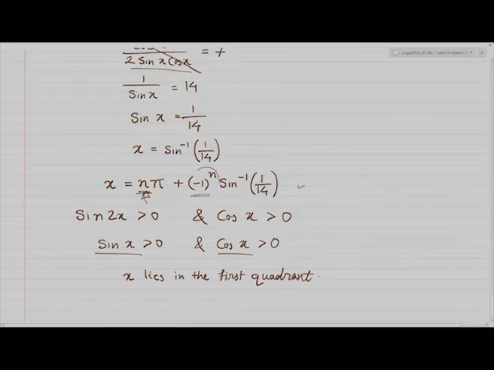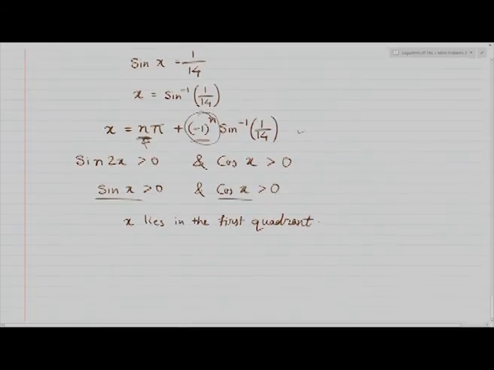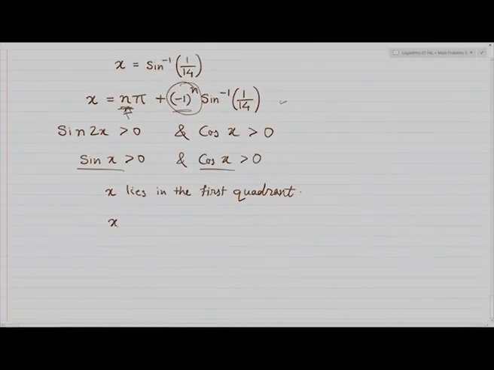So, this minus 1 raised to n vanishes, and therefore, the value of x must be equal to, because this is even, I will write this as 2m pi plus sine inverse of 1 by 14. See, this is how you should be careful while solving the problem. So, we have almost eliminated half of the values for x, which we had said okay earlier. So, this is the correct answer.